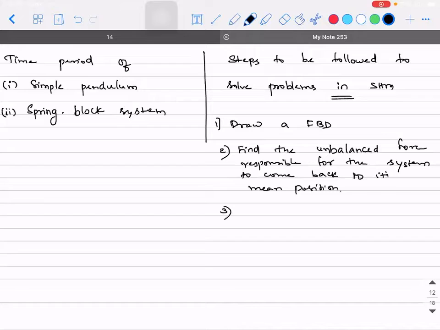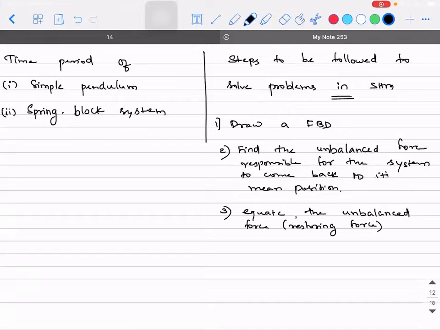Third, equate the unbalanced force. The unbalanced force that I'm trying to talk about here is nothing but the restoring force. Unbalanced force can also be called restoring force.